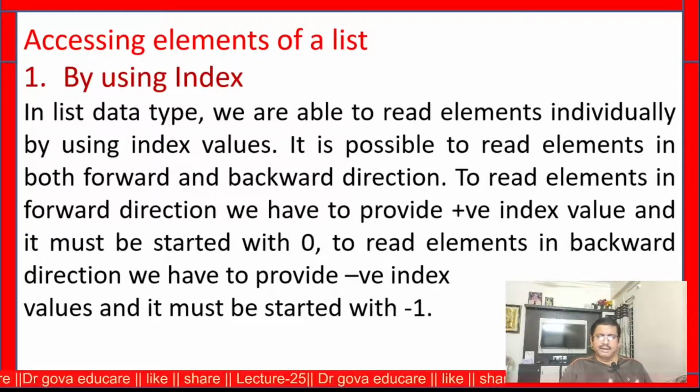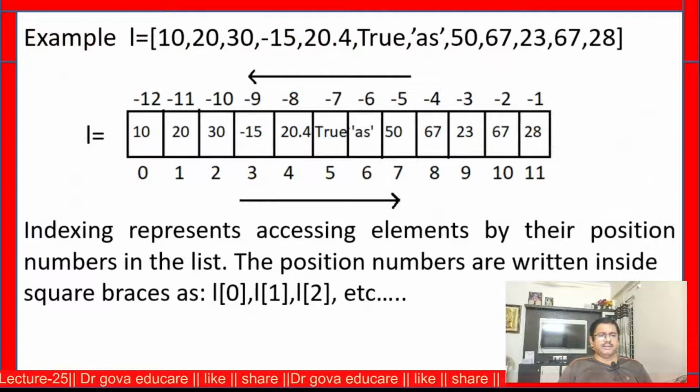To read the elements in forward direction, we have to provide positive index values, and it must start with 0. To read elements in backward direction, we have to provide negative index values, and it must start with -1. Now this is the example.